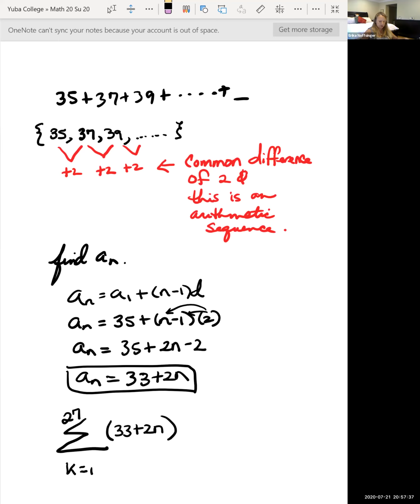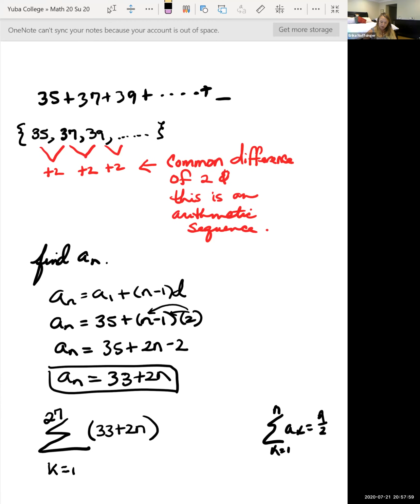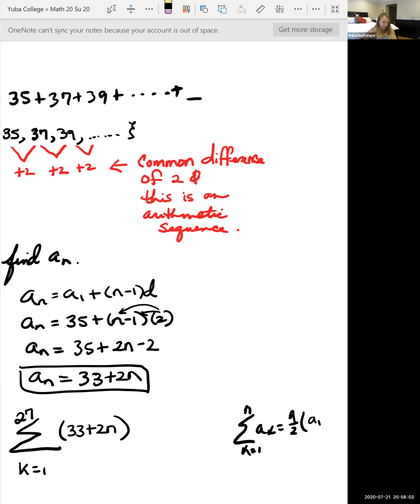And so now we want to use our formula for an arithmetic series. So summing an arithmetic series, you would go and look at your notes or what I'm giving you. This was equal to n divided by 2, all times the first term a sub 1 plus the last term a sub n.